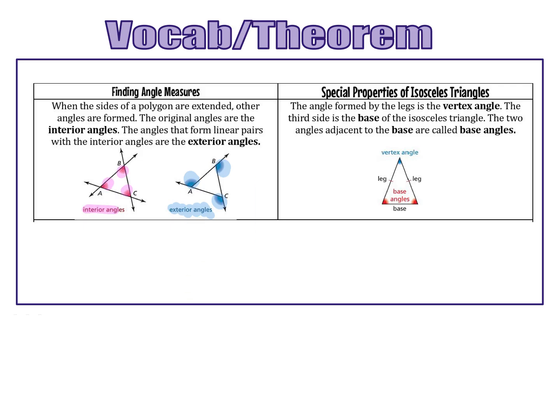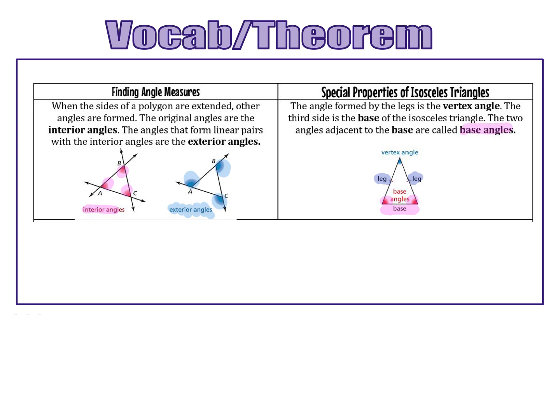Isosceles triangles have some special properties. So we already know by definition that an isosceles triangle is a triangle that has two equal sides. We call those the legs, the sides that are the same. The side that's not the same is called the base, and the angles that are connected to the base are called the base angles. So the base angles are connected to the base.